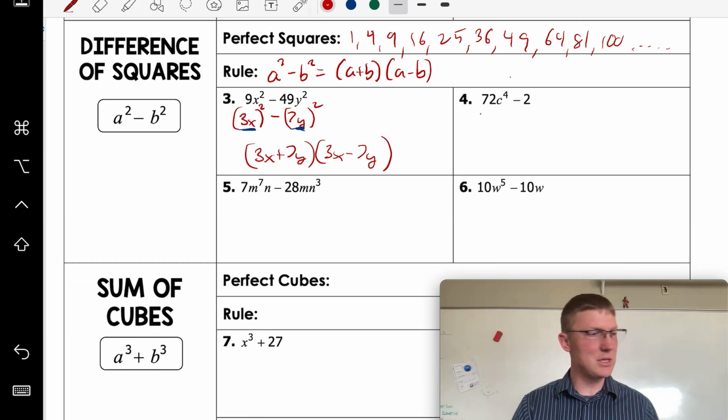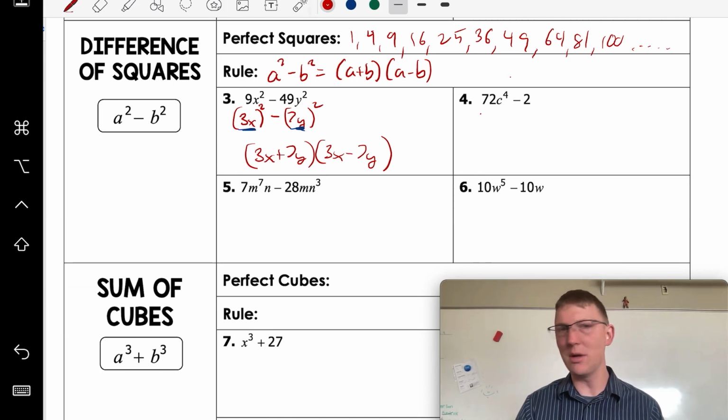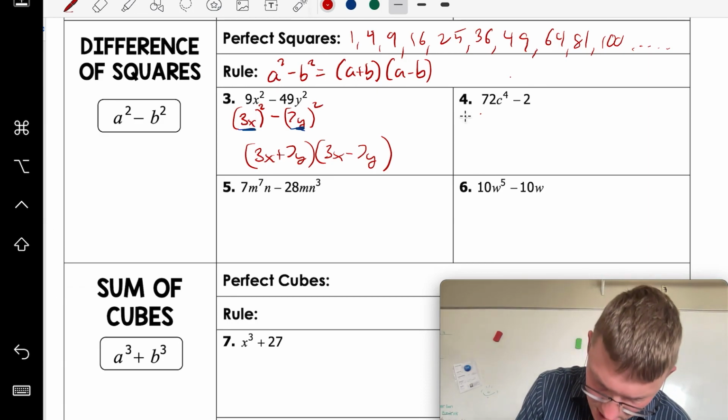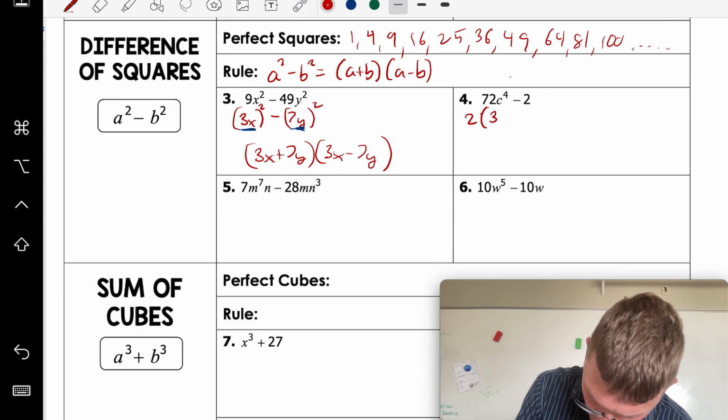I don't know what 72 divided by 2 is off the top of my head, but I have a suspicion that it might be something convenient. So 72 divided by 2 is 36. So when we pull that 2 out, we're going to have 36c to the 4th minus 1.